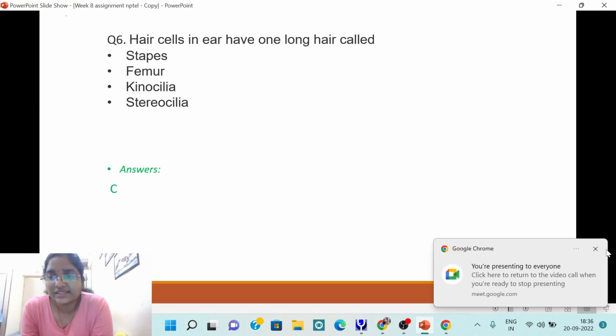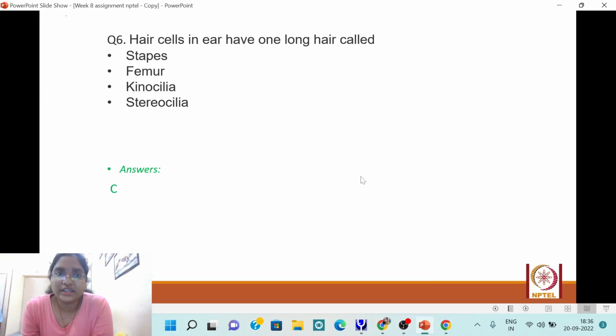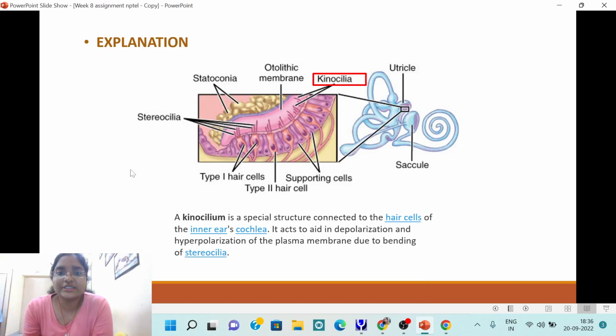The correct answer is C, kinocilia, right? If you can see the figure here, this is the structure of the ear in which the hair cells are present. These hair cells are connected to special hair-like structures called kinocilia and stereocilia.